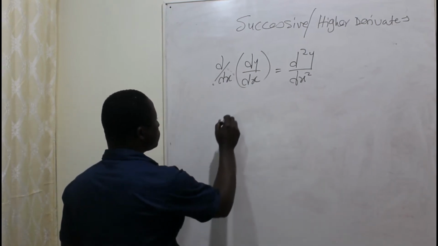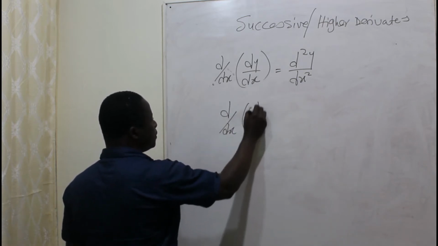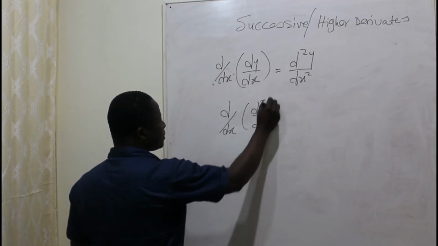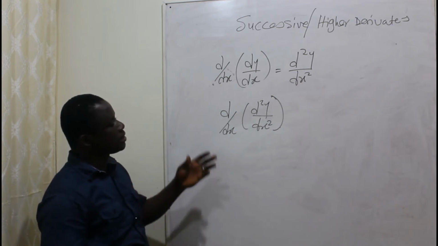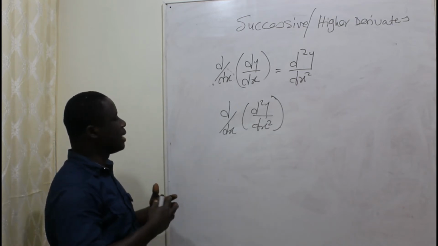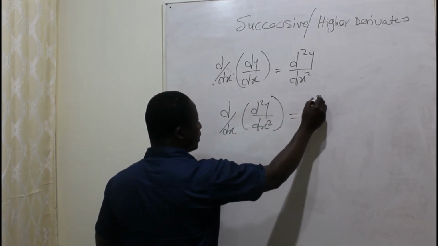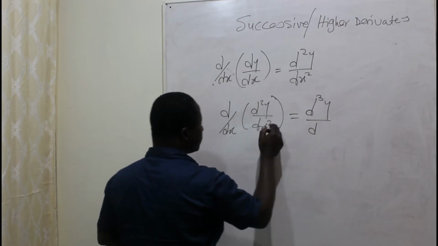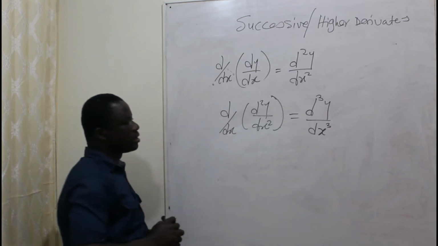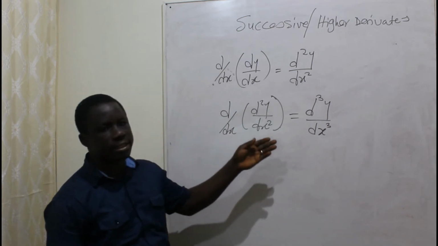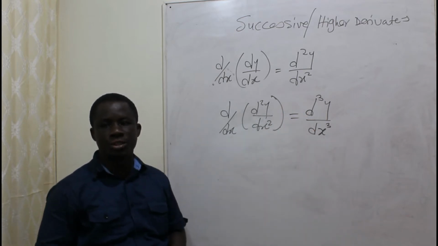Similarly, if you are to find d/dx of d squared y over dx squared, from the analysis I gave, it's just like the d is multiplying d, so it is going to give you d cubed y over dx cubed. What it means is that you have to differentiate the function 3 times. That's the meaning of successive differentiation.